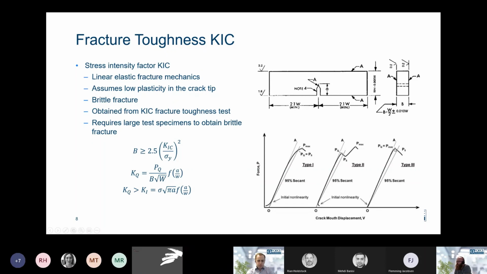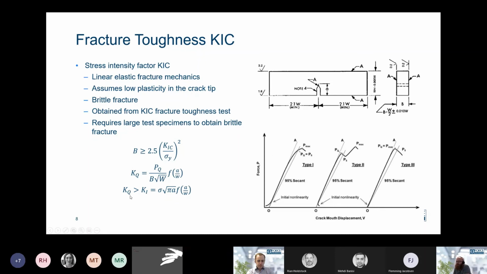And then we have the optimal test here, where the PQ is equal to Pmax, where we don't have any pop-in, and we have very, very small plasticity in the material before fracture.